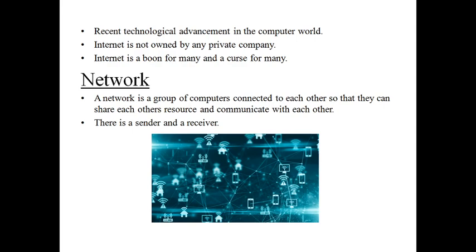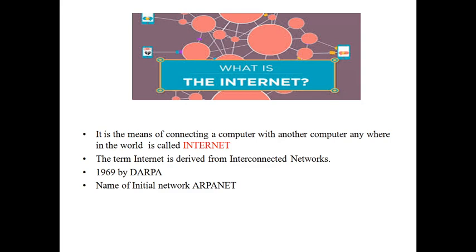So when we communicate with each other, there is a sender and a receiver. Sender is a device which sends the data, and receiver is a device which receives the data. So, what is a network? What is the internet?